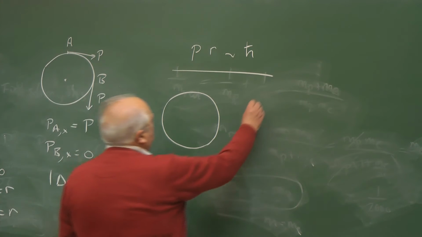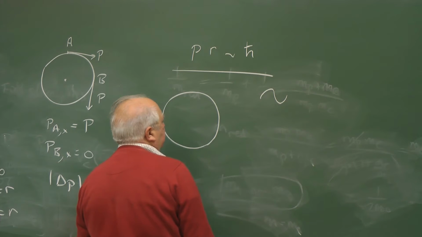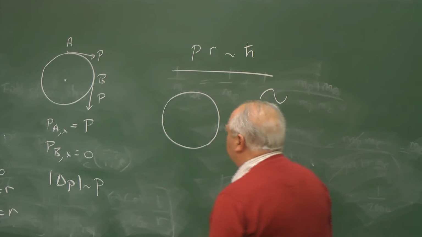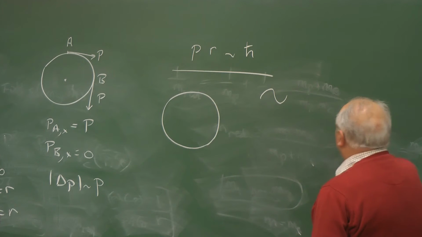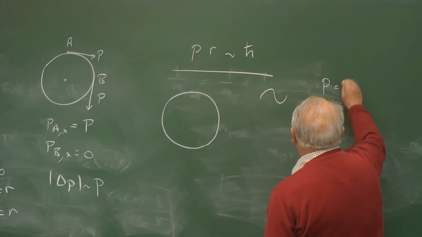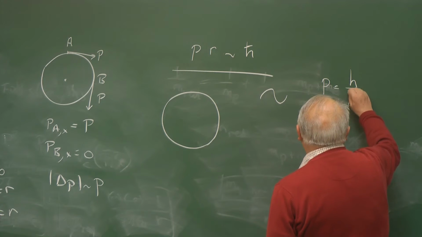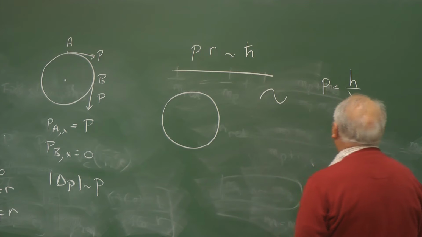So if this is a wavelength associated, there must be a full number of them. Now, in free space, we know that p is equal to h over lambda, lambda being the wavelength.